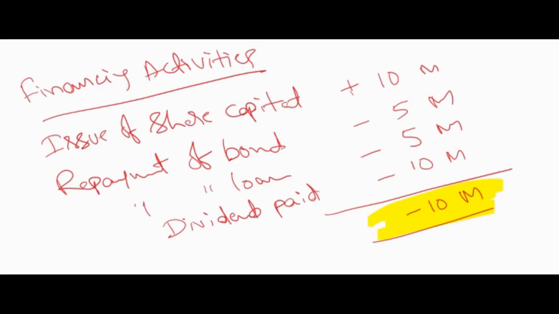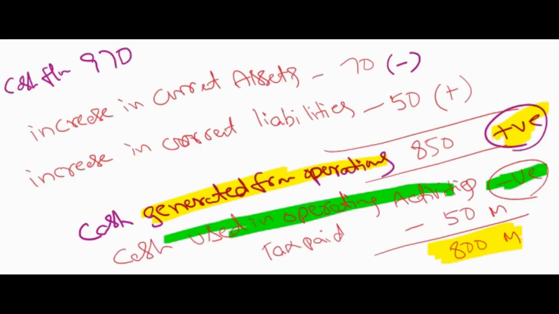Now we need to take the sum of all these three activities. The first one we got 800 million. This is from operating activities. So one, operating activities.